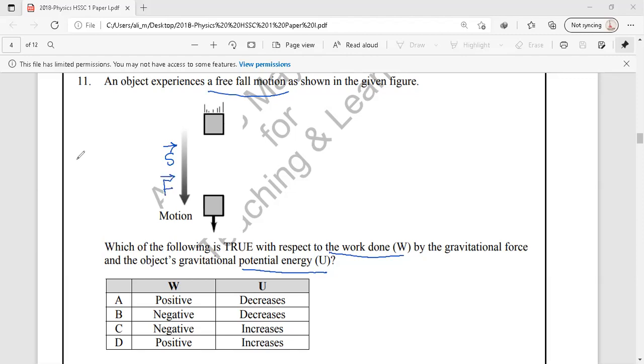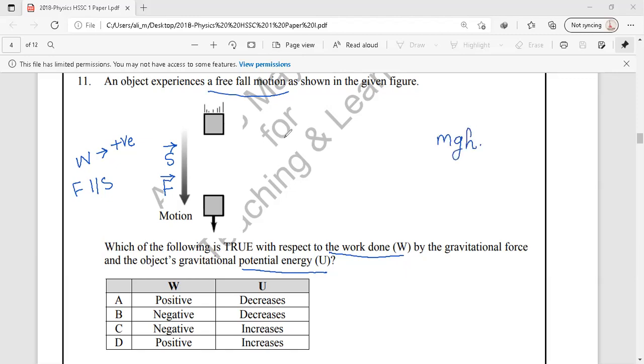So the work done by the gravitational force on that body will be positive, because force and displacement are in the same direction, or they are parallel to each other. So work done will be positive. If we talk about the potential energy, that depends on the height, mgh.